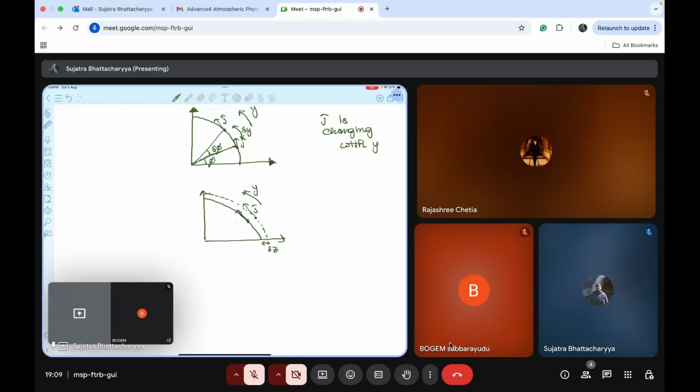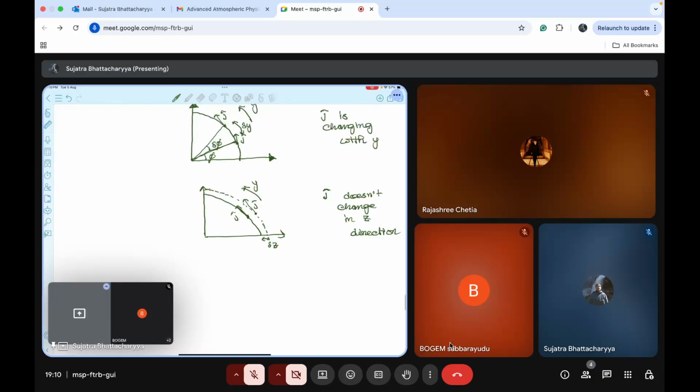Are these the same? Yes, the direction is the same. Magnitude is also the same, because it's a unit vector. So j hat does not change in the z direction. Understood? See, the j hat remains the same.